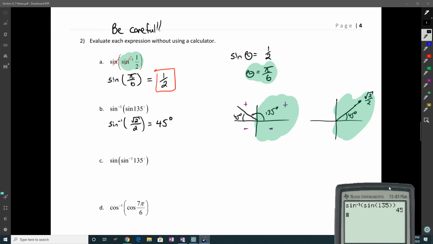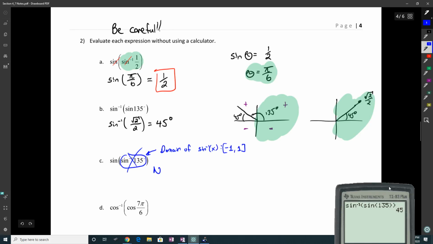All right. Now here, this next one, remember that the domain of inverse sine was just between -1 and 1. 135 is not between -1 and 1. So that doesn't work. This has no solution.